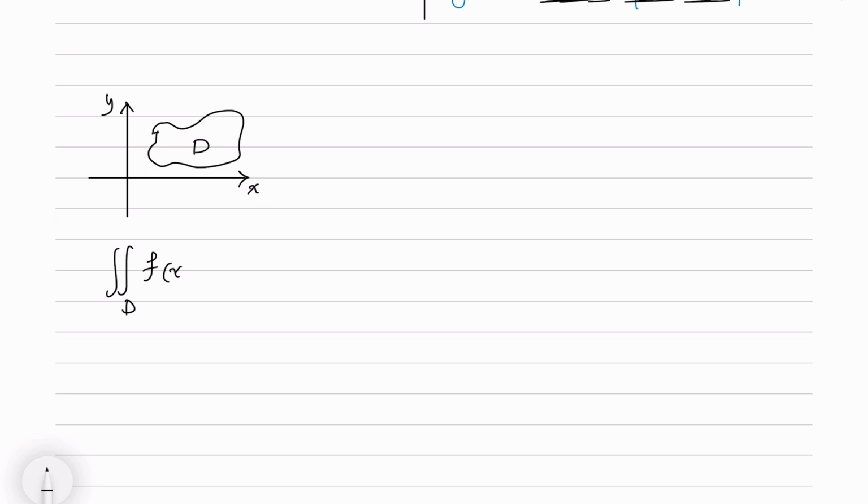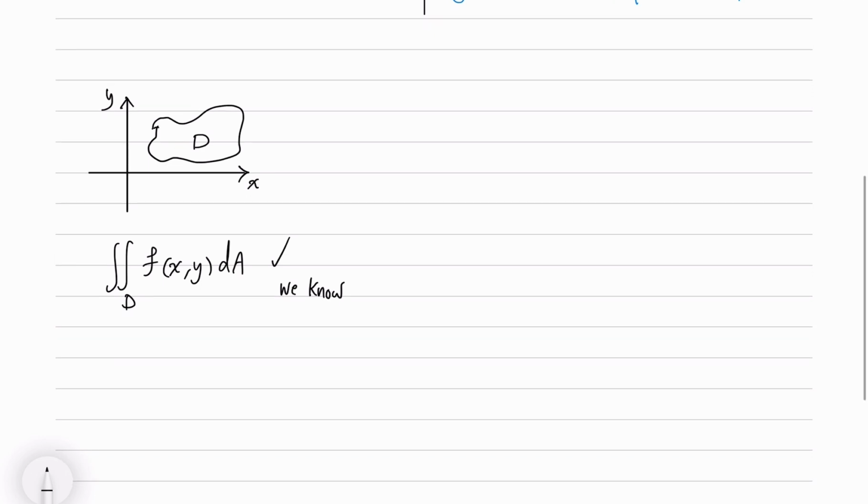So this part that was a million weeks ago in some section, so this is already defined. We know what it is, it's the Riemann sum, and also we know some tricks to calculate it and whatnot. So if you are given a scalar valued function f on a region in the plane, you can integrate.